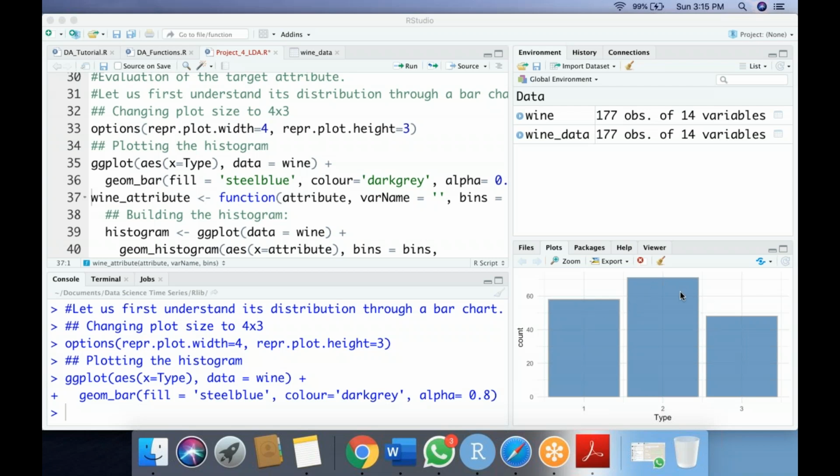So you can see this is comparatively balanced data, correct? Out of these 177, the highest number comes from type 2, but it is very closely followed by type 1 and then type 3.